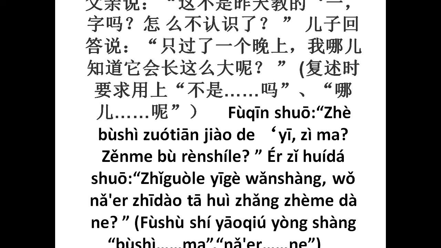So what has happened is the father has drawn the character 一 longer than he drew yesterday, and the son says that it has grown bigger than yesterday. How would I know that this is the same character? 复数是要求用上不是吗? 哪什么什么呢? So we have to notice two rhetorical patterns here. 不是什么什么吗? Is it not the same character that we did yesterday? 哪什么什么呢? How would I know that this is the same character, the rhetorical question pattern?